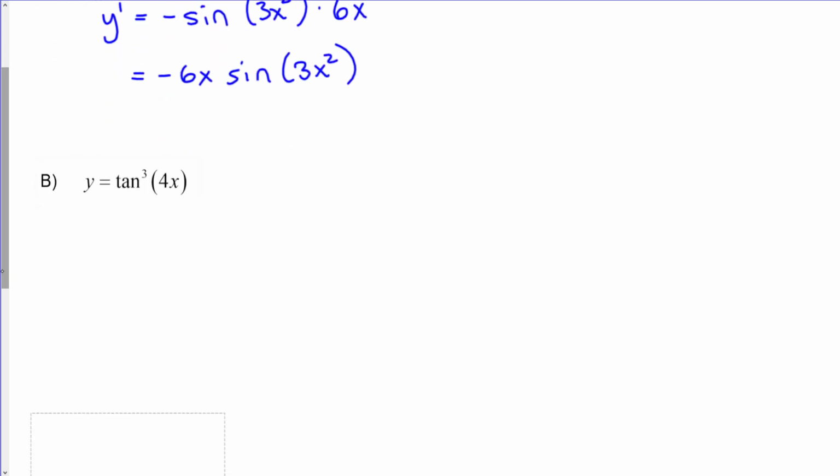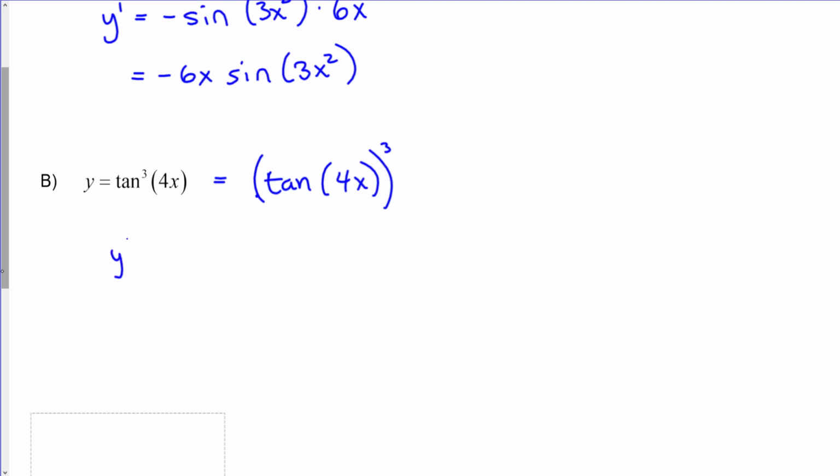Next here, y equals tangent cubed of 4x. Now this one is a little bit more complex because it actually uses the chain rule twice. Let me show you how. So this is actually tangent of 4x. Whoops, forgot my x. Try again there. Tangent 4x cubed.